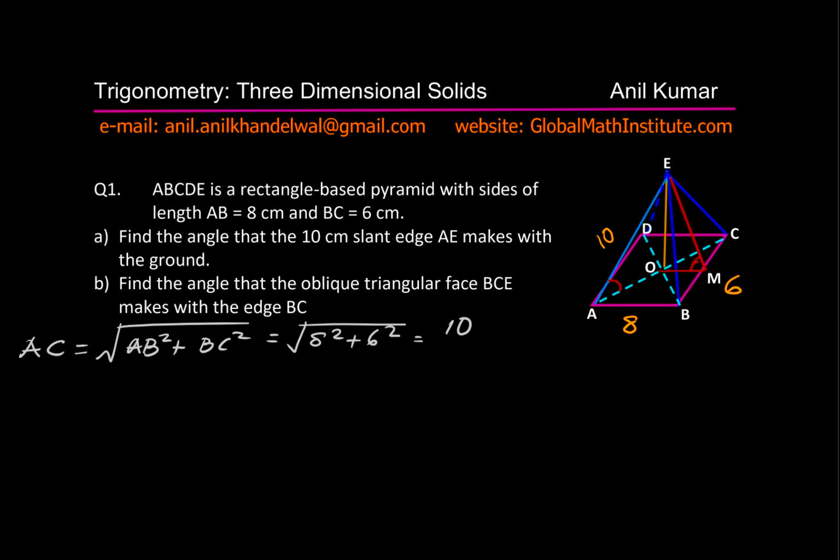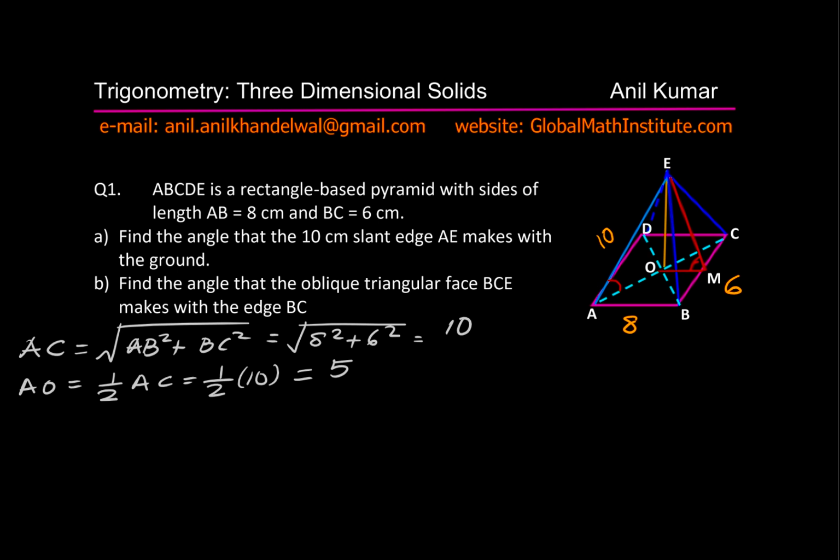So we know now A to C. We can find what AO is. AO is equal to half of AC, which is half of 10, and that is 5 centimeters. So we know what A to O is.